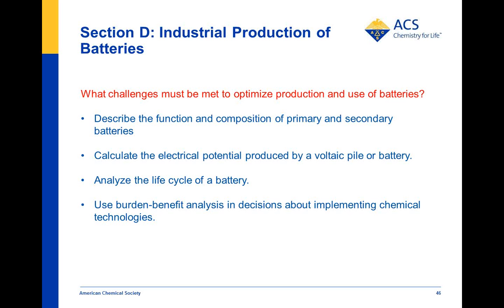There's some information about primary and secondary batteries, a term that students probably have never heard. They will actually make and calculate how much potential they'd have in a voltaic pile, and then they'll look at the life cycle of the battery, and they'll use the burden-benefit analysis and try to decide which of these chemical industries might be beneficial to the town of Riverwood.